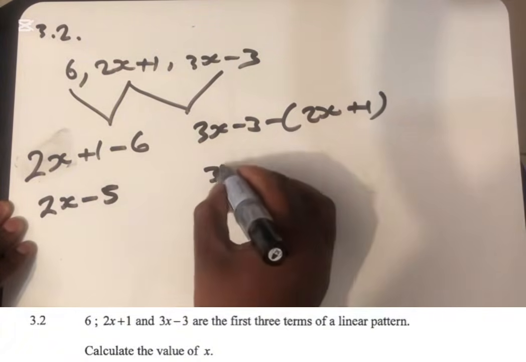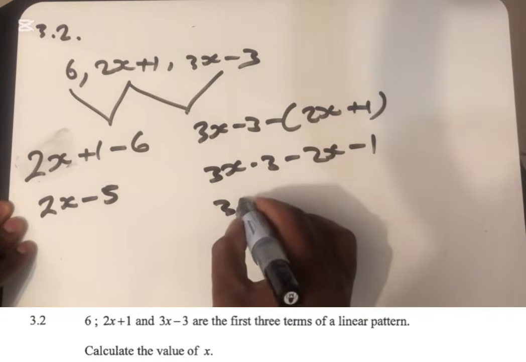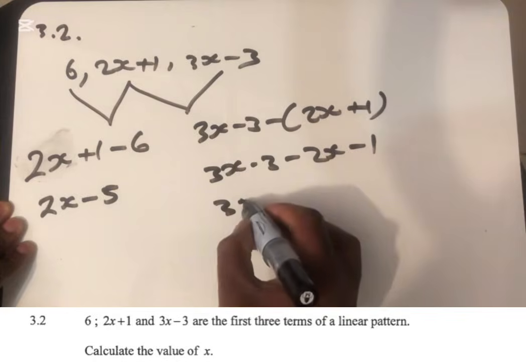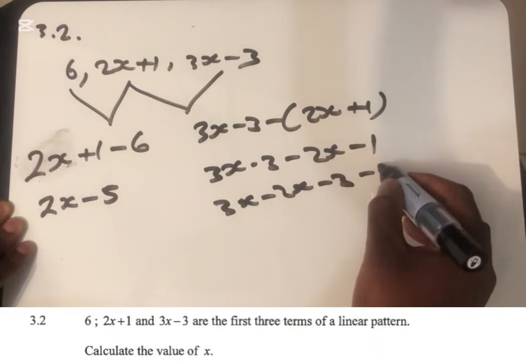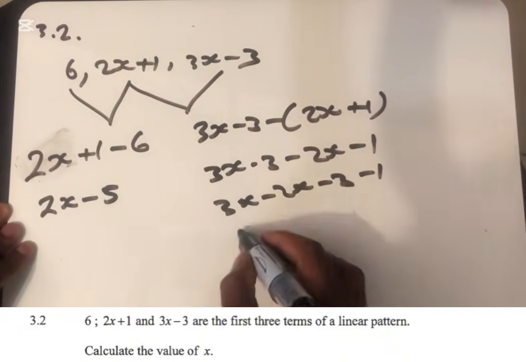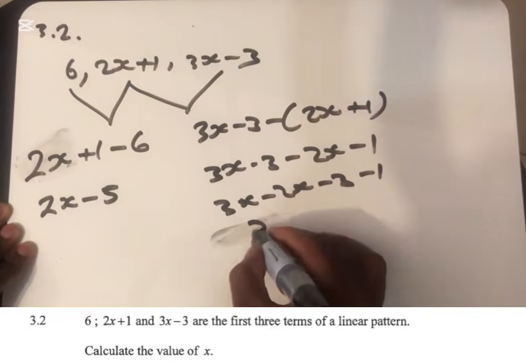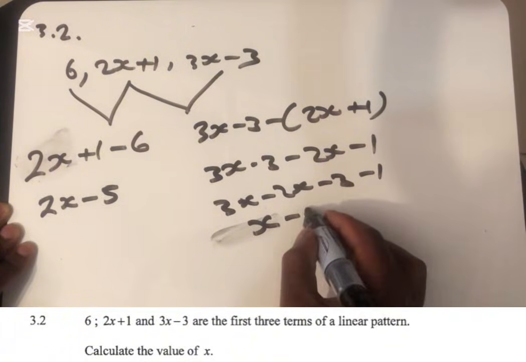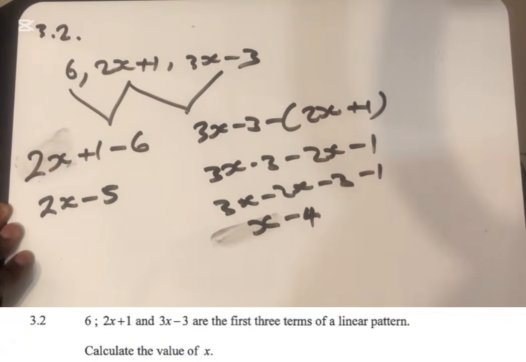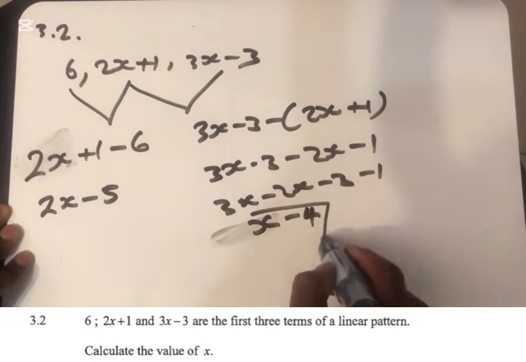The other side will be 3x minus 3 minus (2x minus 1)... 3x minus 2x minus 3 minus 1, which will be x minus 4.